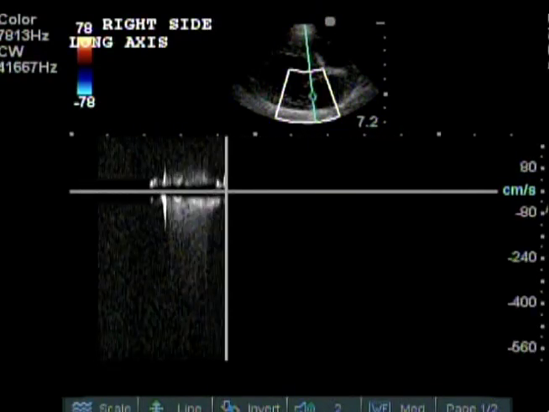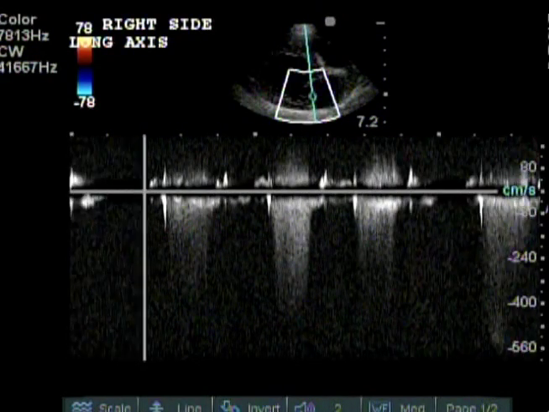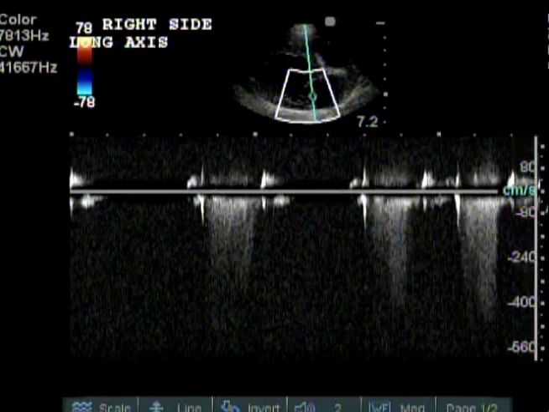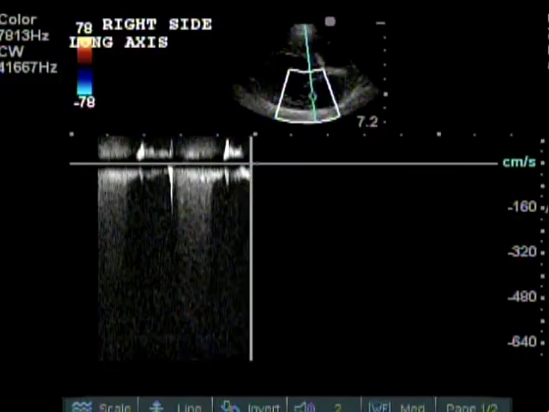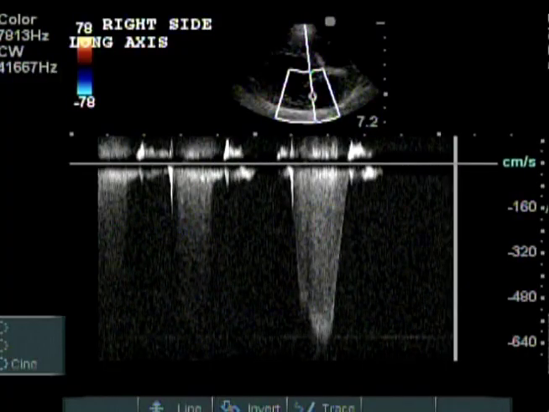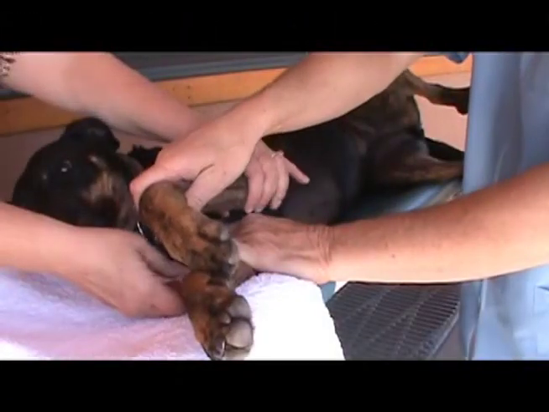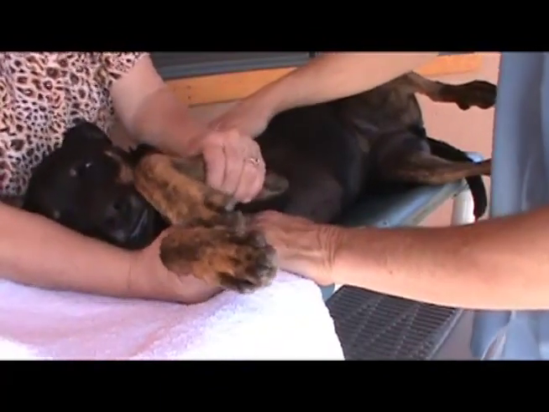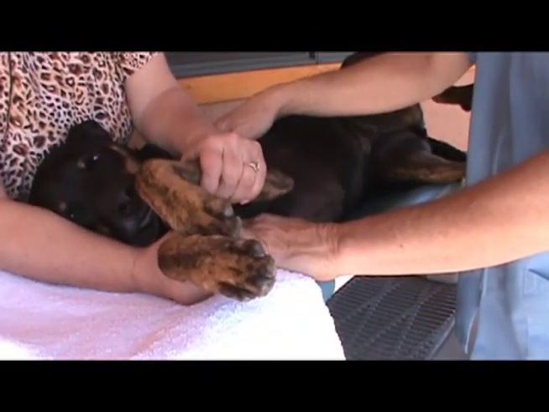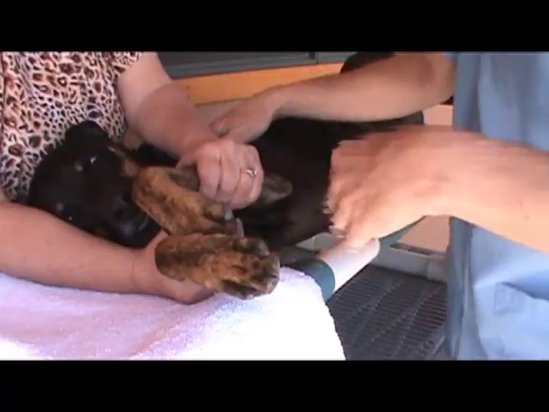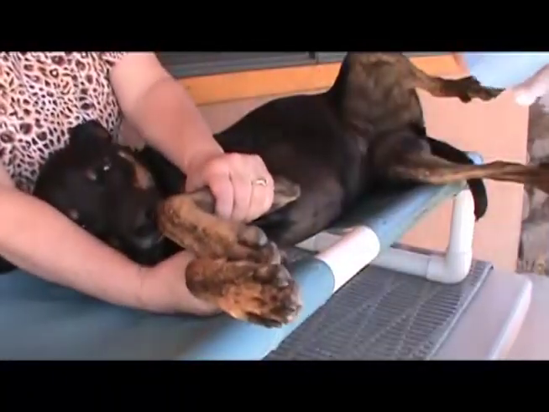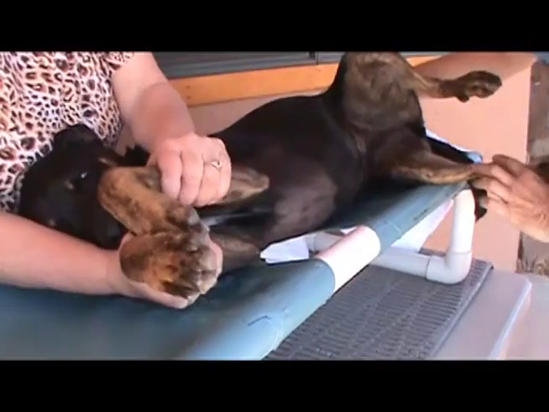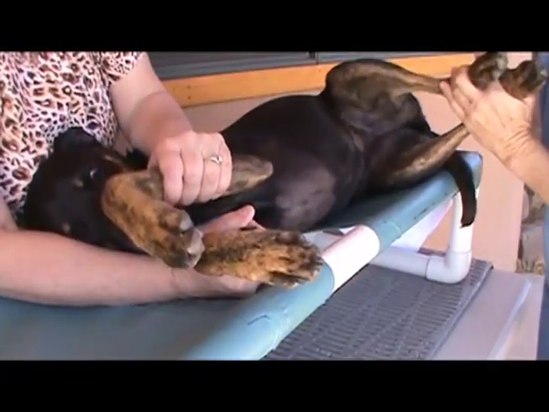The problem is to determine which dogs with mitral insufficiency or regurgitation will need treatment, preferably before the onset of congestive heart failure. The intent of this DVD is to show you how to use the information gathered from your general cardiac exam to determine the stage of mitral insufficiency or regurgitation and determine the type and timing of treatment.